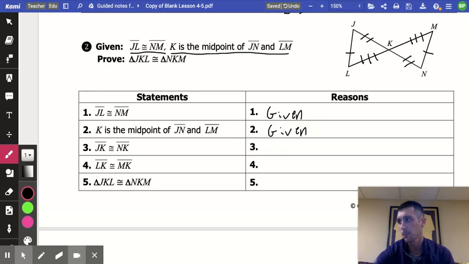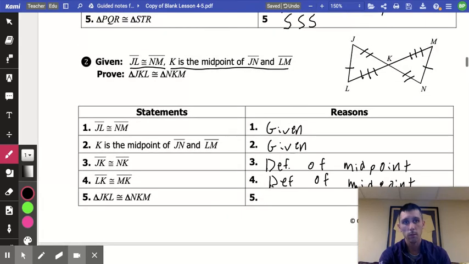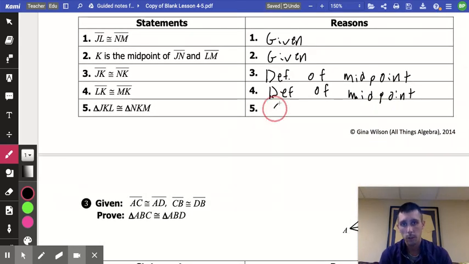Now, how do we know that JK is congruent to NK? If K is the midpoint, that would be the definition of midpoint. What would it be for LK and KM? Definition of midpoint again. So then what is our reasoning? If we have all three sides marked, it would be side, side, side.